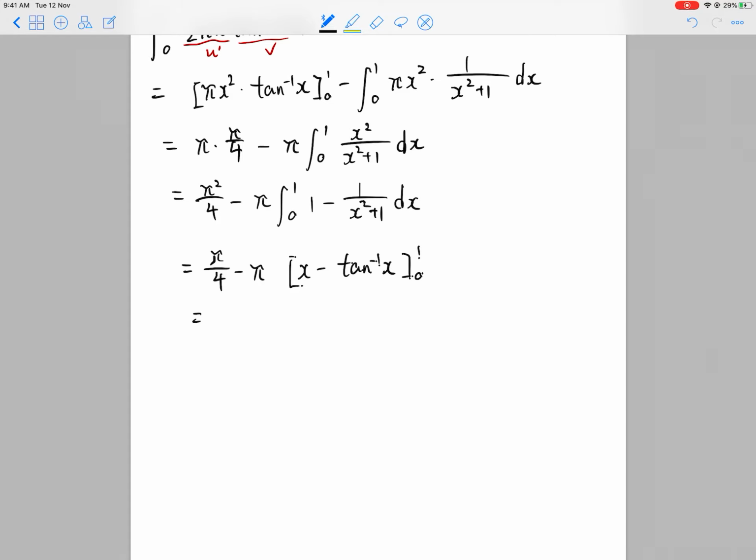Okay, so the answer is pi squared over 2 minus pi.